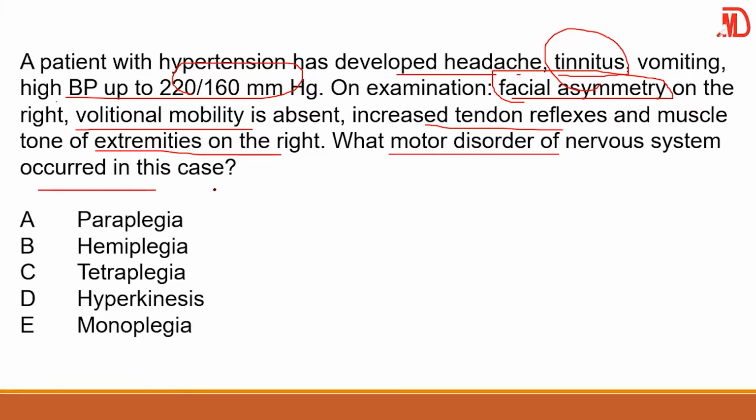Of course, you are looking at this. Half facial asymmetry, increased muscle tone of the extremities on the right. That tells you that one half of the body is affected. And by saying one half, we mean hemi. So we have hemiplegia.